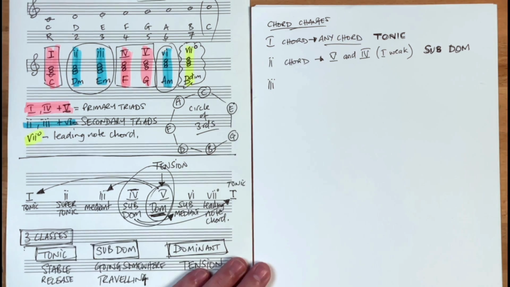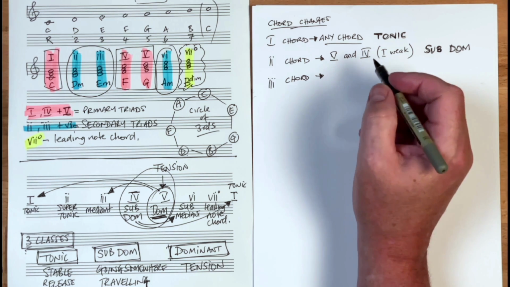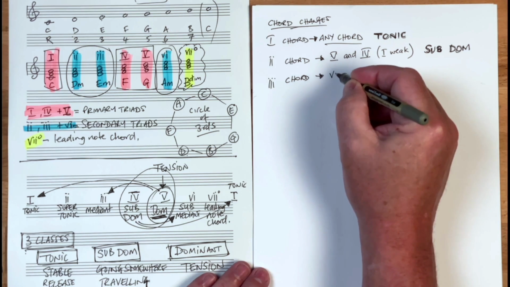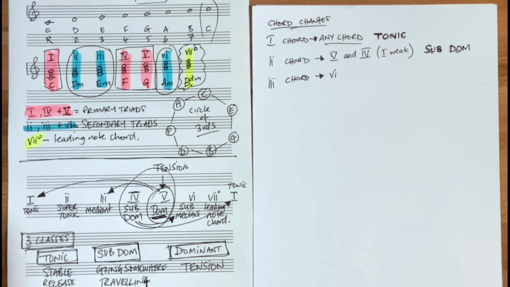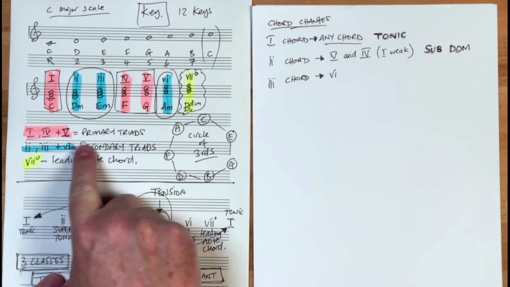Right, now the 3 chord. Let's look at the 3 chord as well. The 3 chord is a weak chord, but it can be strong. It's really weird. What this wants to do is move to a 6 chord. Now, the caveat I'm putting in here is that these are basically the rules of harmonic chord changes, and they're kind of like chess moves. Look, 5, 1, and 4 are your primary triads.